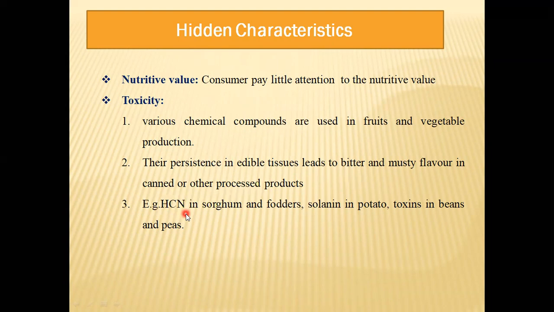For example, hydrogen cyanide is a toxic substance developed in sorghum and fodder. Also solanine in potato, then toxins in beans and peas. So these kinds of toxic substances are very harmful. The toxicity of a particular food product depends upon these kinds of chemicals.